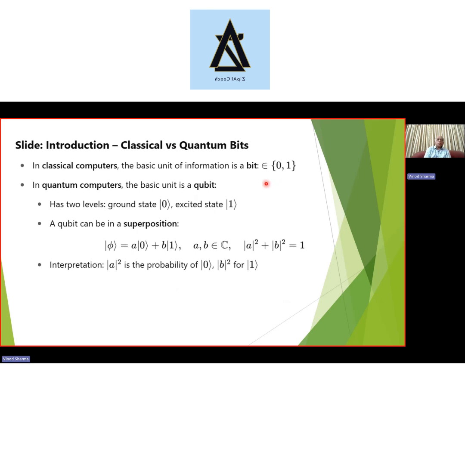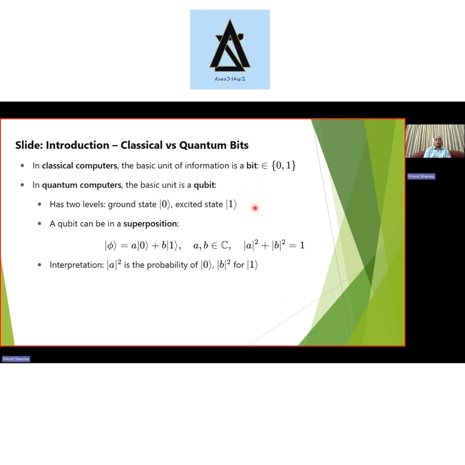In a quantum computer, the basic unit is called a qubit. Qubit is short for quantum bit. So in quantum computers, corresponding to the bit, there is this unit called qubit. However, this is somewhat different, as we explain now.